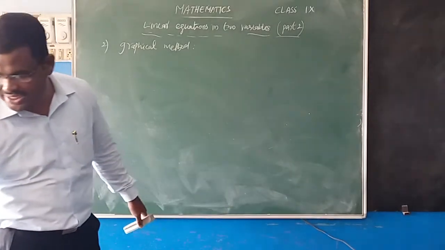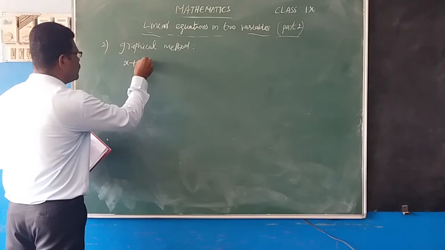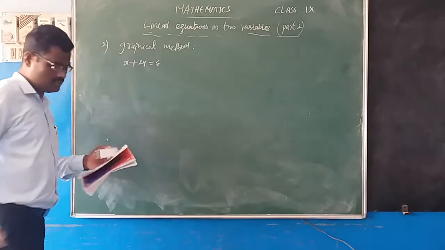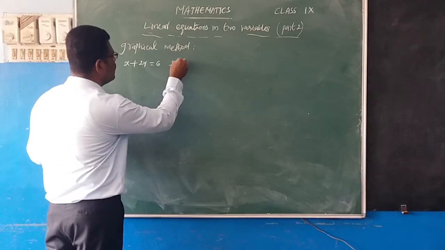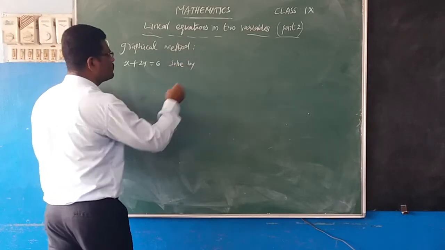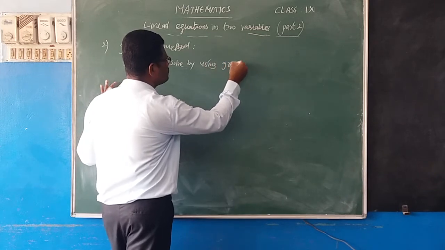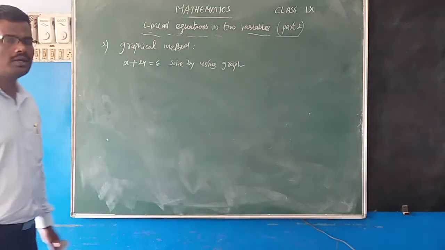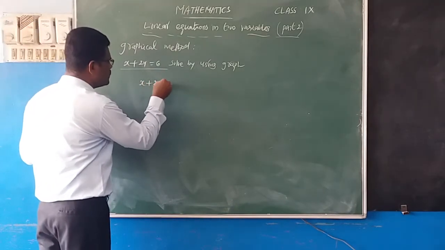Suppose the given equation is x plus 2y is equal to 6. The question will be solved by using a graph. Solve by using graph. So this is the equation: x plus 2y is equal to 6.